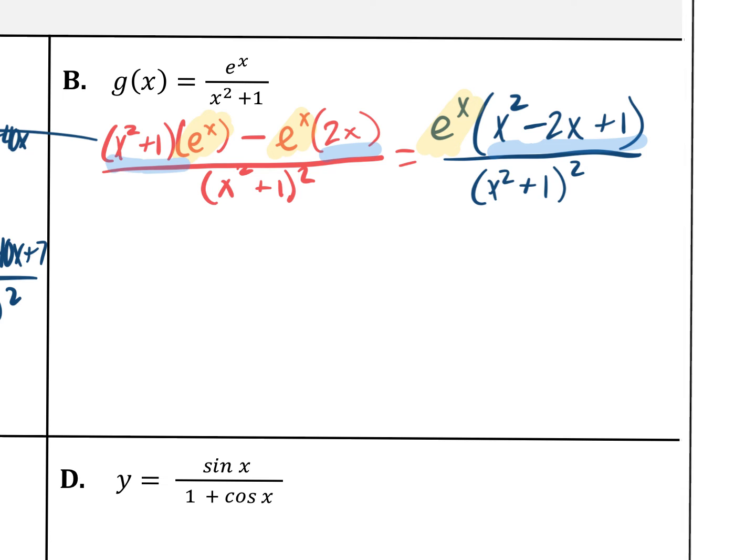Because we're just pulling it out, so the 2x gets the minus. The minus will stay with the 2x. But if you left it in there, wouldn't it cancel out anyway? No. If you multiply it back in, it'll still be there. And then I'm good there.